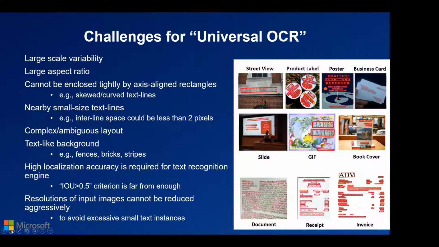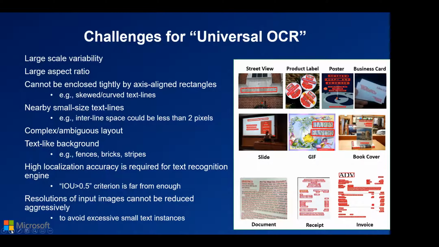It used to be only black and white scans or fax images, but now we're talking about natural images captured by phones. So the challenge of a universal OCR for all these possible inputs, including street view, product labels, posters, business cards, slides, etc., is much more difficult than previous black and white document images.